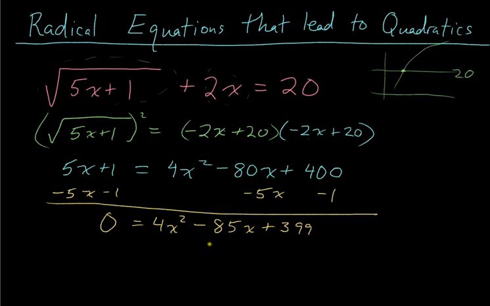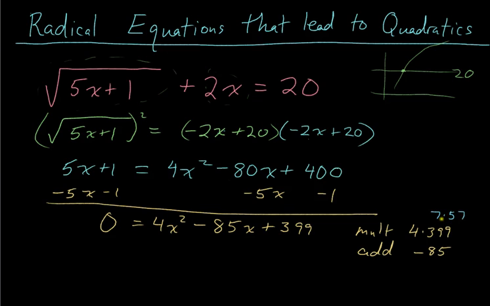So to factor this, I need two numbers that when you multiply them, you get 4 times 399, whatever that is, and when you add them, you get negative 85. That's kind of hard to do in my head, so I'm going to be tricky. This 399, let me think, I can divide that by 7. That's 7 times 57.